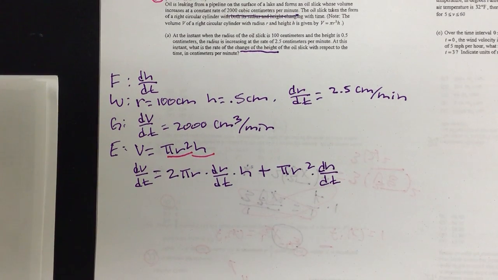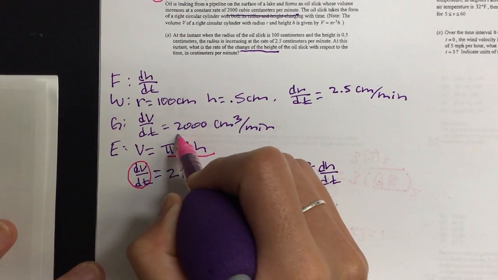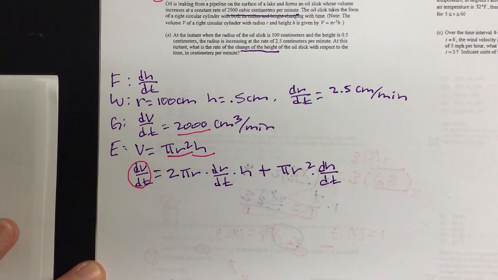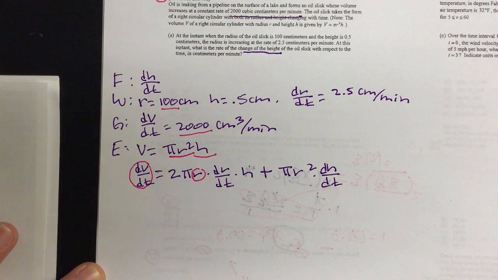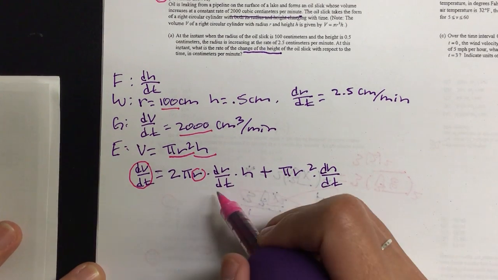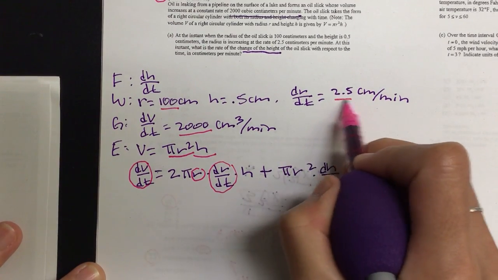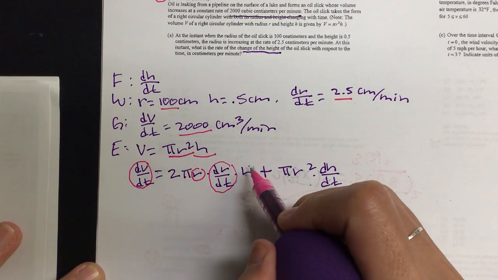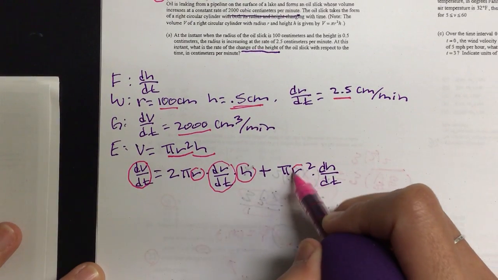And let's fill in what I know so far. So let's circle them. I know dV over dt is given to us right here. Do I know the radius as well? Right there. What else do I know? Is dr over dt given as well? Yeah. What about the height? Also given. And we already know the radius.